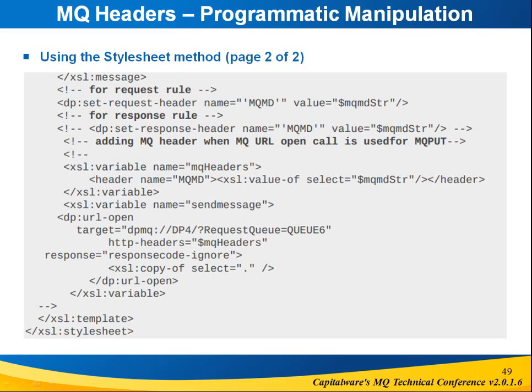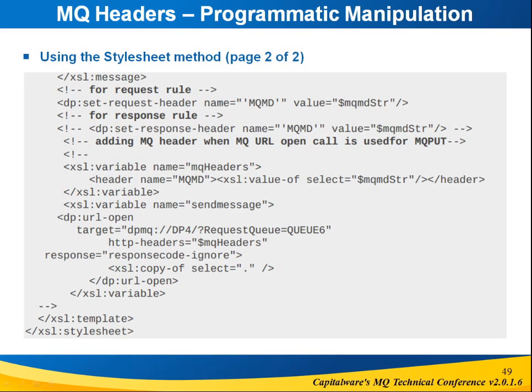Now, continuing on down this screenshot, you'll notice down towards the bottom it says dp:url-open. This is a DataPower extension that lets you explicitly open a particular queue manager and connect to it using target equals, in this case dpmq://dp4?, and then all the parameters that we specified in the back end URL.